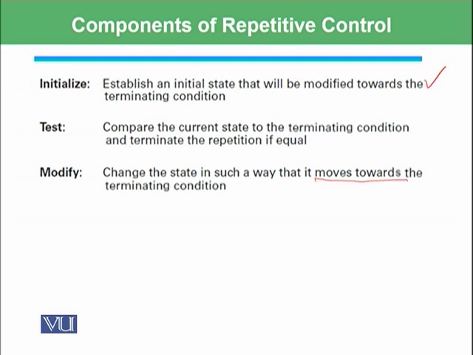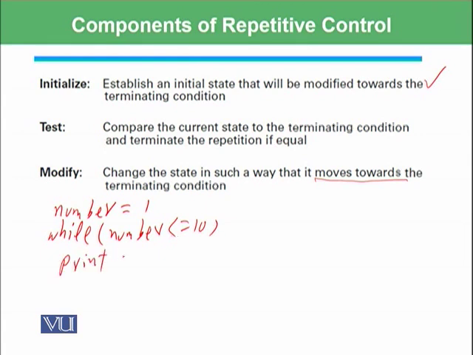So for example, when we write number is assigned 1 and while number is less than or equal to 10 and we say print number, and number is assigned number plus 1.